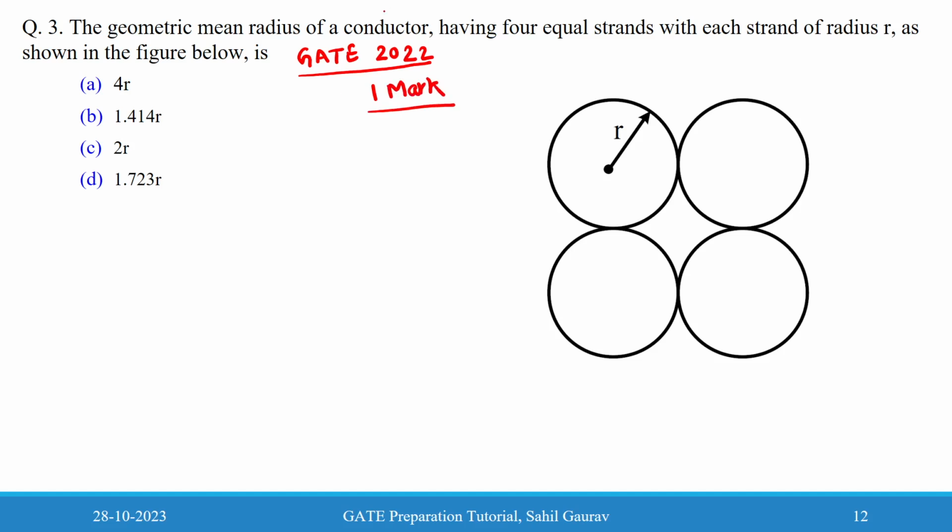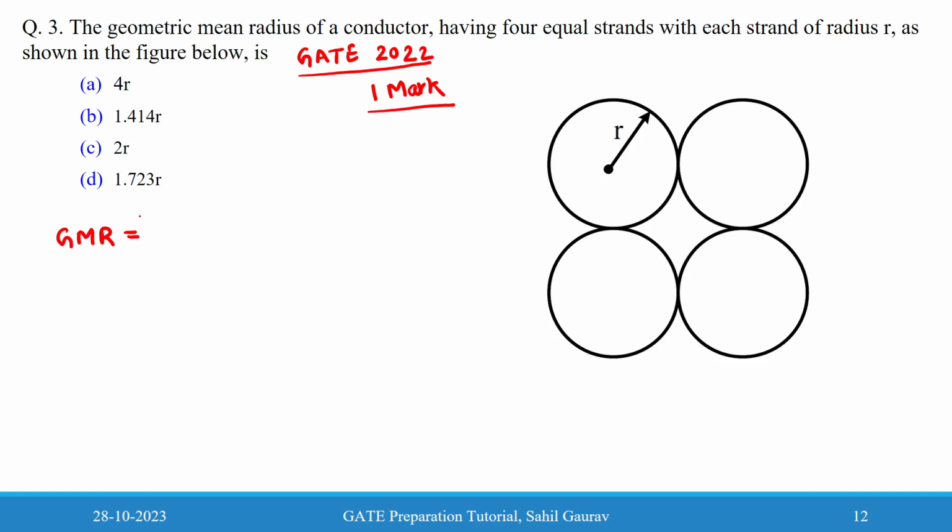So here you have to find the geometric mean radius of a stranded conductor having 4 equal strands, each strand of radius r, as shown in the figure below. We have seen bundle conductors, so a similar expression will be used for stranded conductors also. How can you write the geometric mean radius of a stranded conductor?